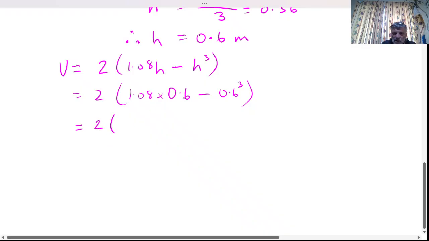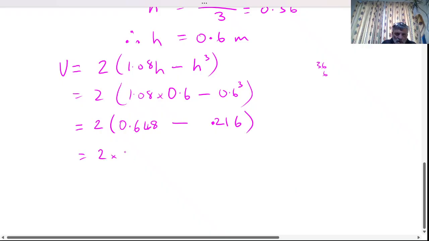We can just multiply it out. 6 8s are 48, 6 zeros are 0, 6 1s are 6, which gives 0.648. Minus 0.6 cubed, which is 0.216.